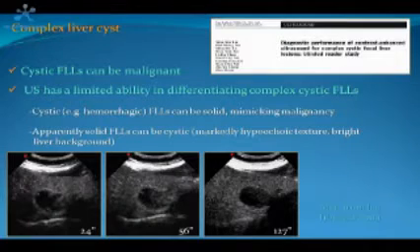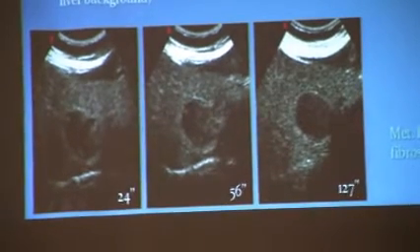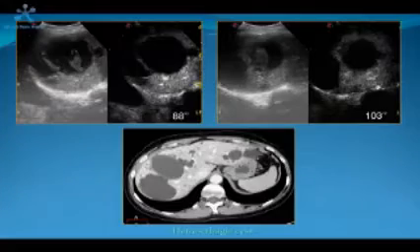And also the complex cystic liver lesion must be considered, because even a cystic lesion can sometimes be malignant if complex. And at the same time, a lesion apparently solid at baseline US can then turn out to be cystic after a contrast injection.